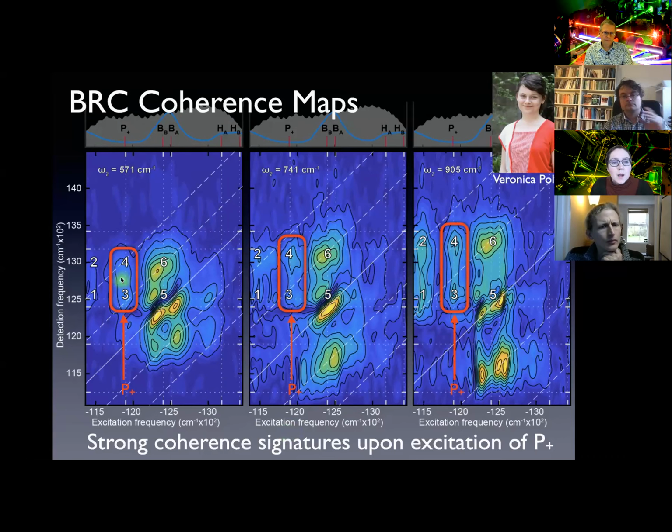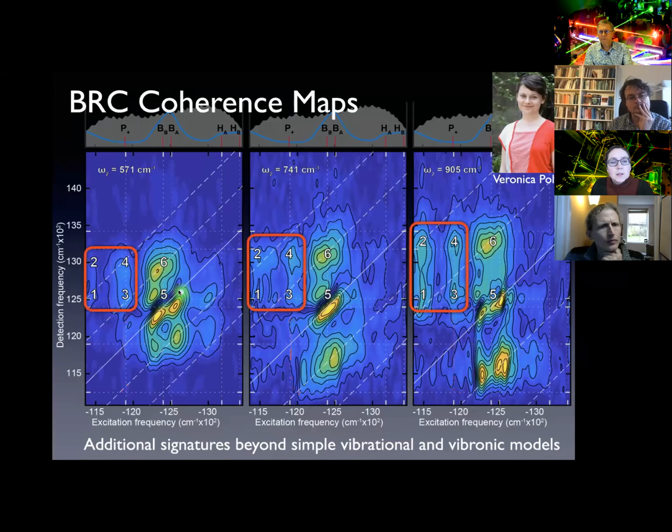Now, interestingly, we also see some other features here that are difficult to explain using these simple models of purely vibrational or vibronic or electronic coherence. And I'm going to focus today on these 4 features here. Just looking at these, they show up at the excitation of the upper P and lower P exciton.